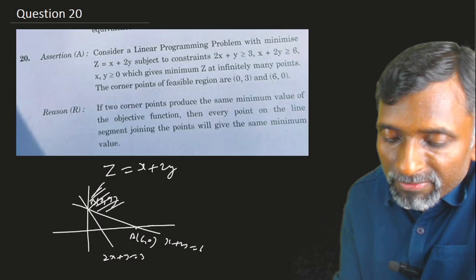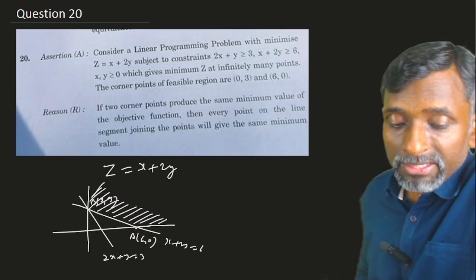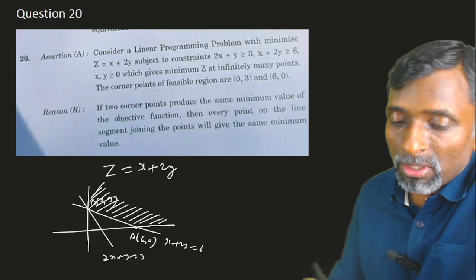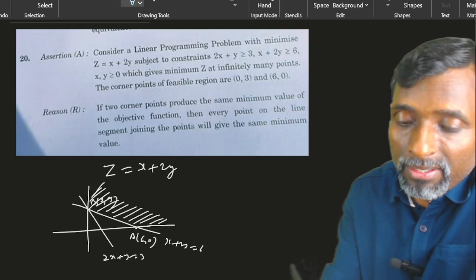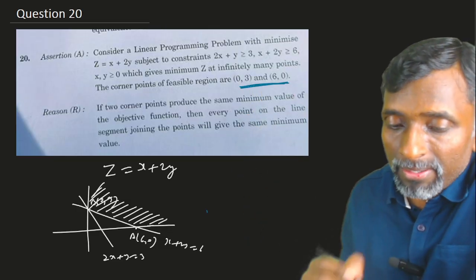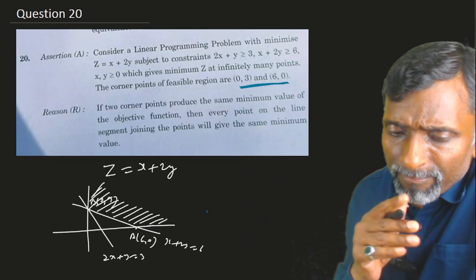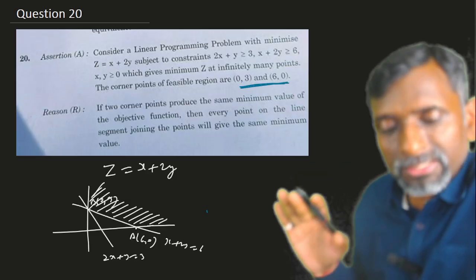Okay, so this is the feasible region and there are two coordinate points you can see, (0, 3) and (6, 0). So we have these coordinate points of the feasible region and it is already given here. So we can say the assertion is correct.